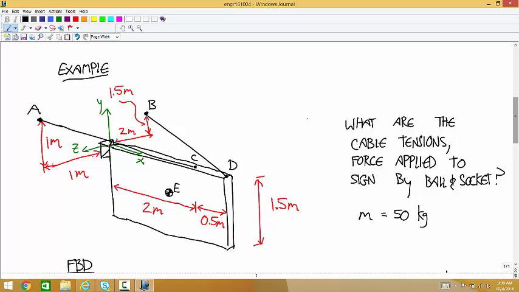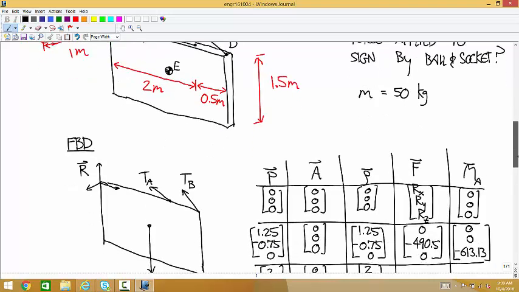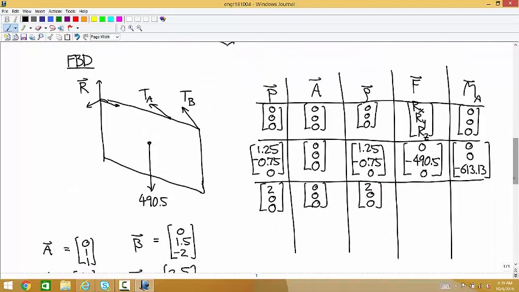And so a free body diagram looks like this. And the way to think about that is first apply the weight. And then up here at the ball and socket joint, a ball and socket joint always applies an unknown force vector.